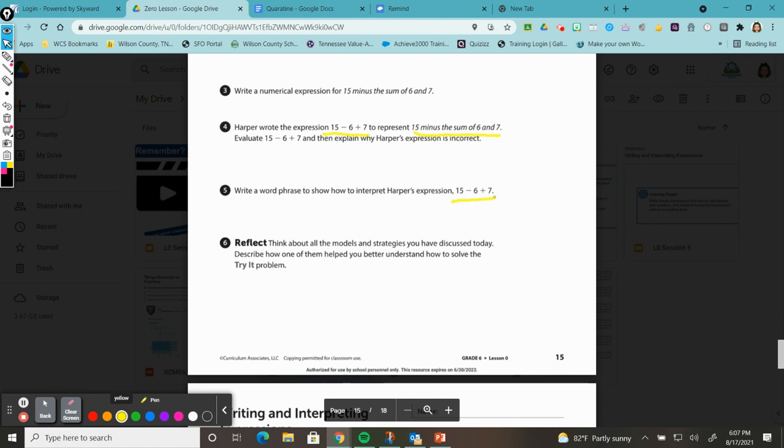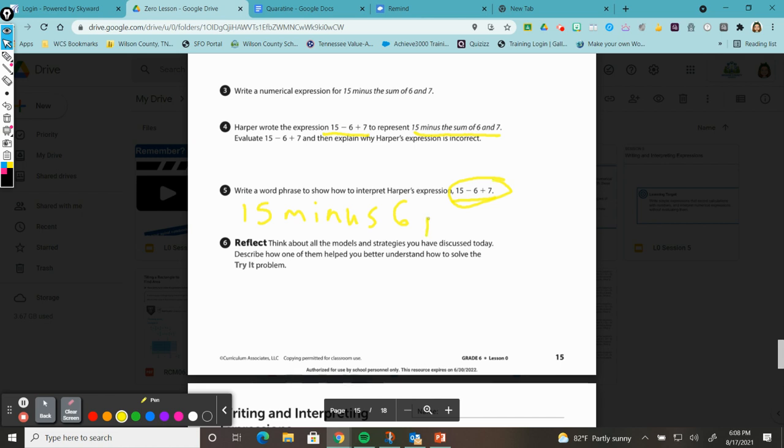When thinking about this, think about your natural steps for order of operations. Think about what you did first when you evaluated that expression. Well, the first thing that we did was 15 minus 6. Then we think of the second thing that we did when we evaluated this expression.